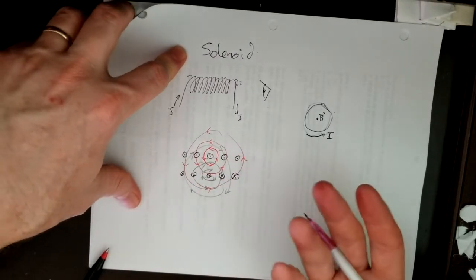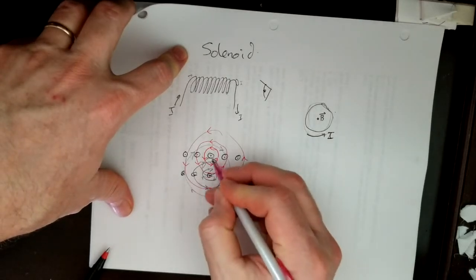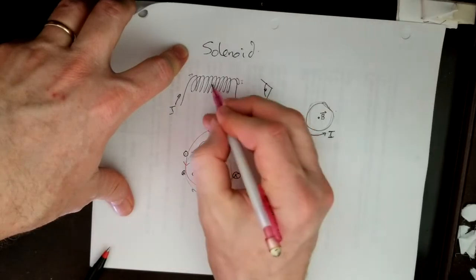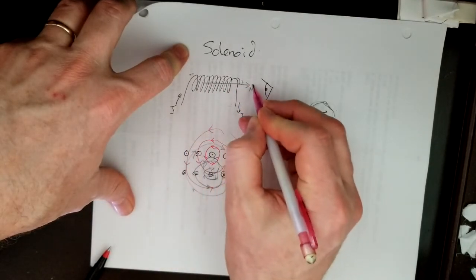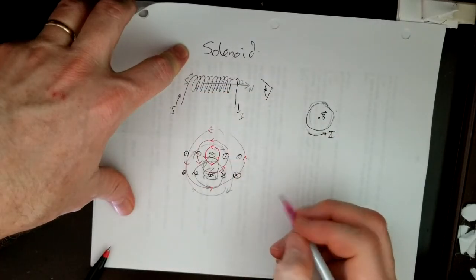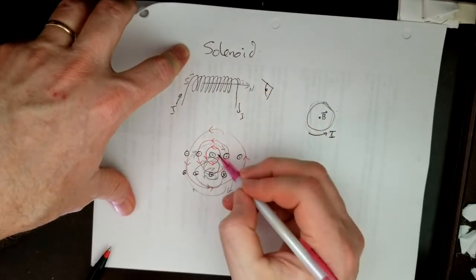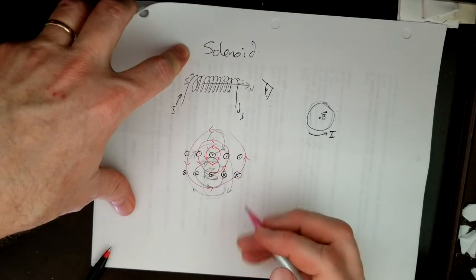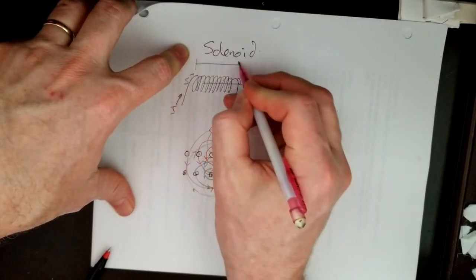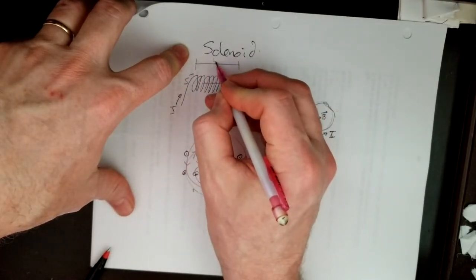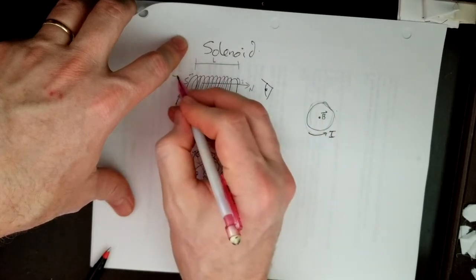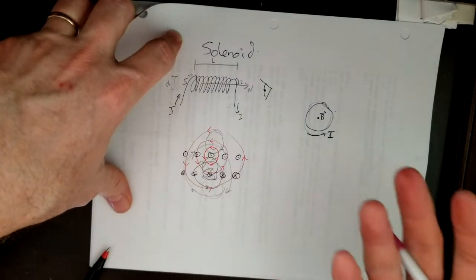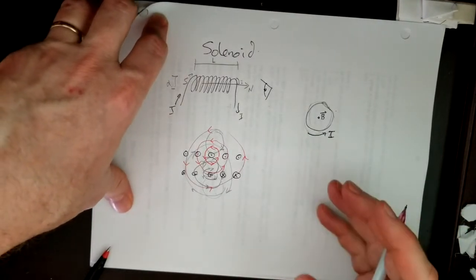Well, notice that these are vectors. They add like vectors. Inside, the magnetic fields are both in the same direction, so they add together. So my magnetic field in whole is going like that. There's my north side, my south side. External to the solenoid, when I'm outside the solenoid, we have some interference going on here, so the magnetic field is weakened. Now, if we look at some dimensions here, if we say that the length of the whole thing is L, and the diameter is D, if L is significantly larger than the diameter, it falls under the category of close enough to infinitely large.